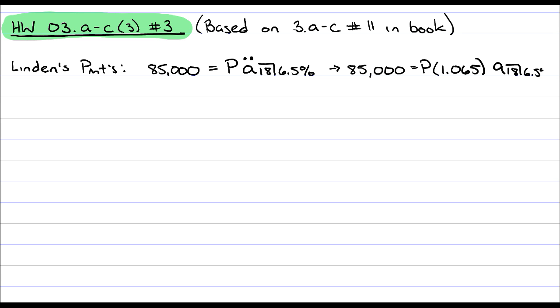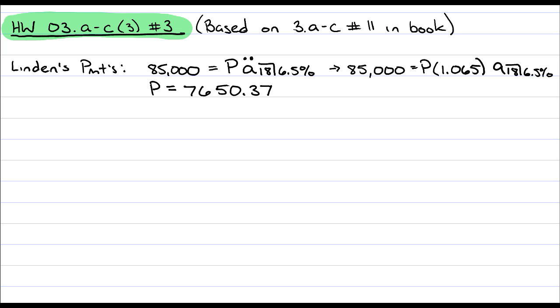And now I can solve for P just by dividing 85,000 by 1.065 and also dividing by A, 18, 6.5%. I'm confident you can all do that calculation. If you have any issues with it, though, certainly feel free to come by my office and ask. But you should be able to get that P is equal to 7650.37.